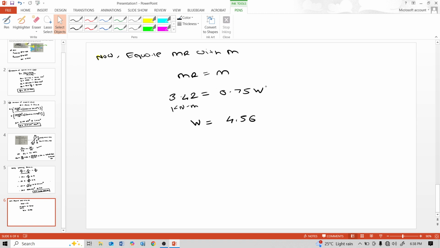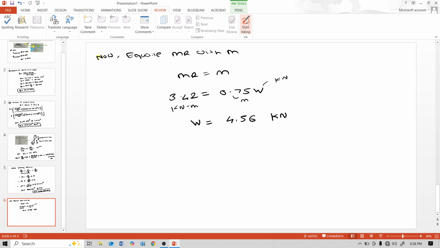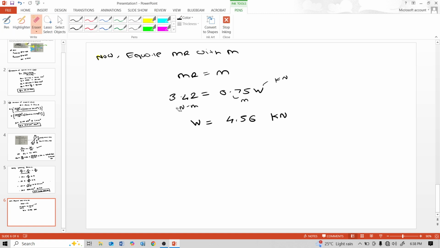W is in kilonewton, and this 0.75 is in meter. So this W is in kilonewton, because the concentrated load W is in kilonewton.